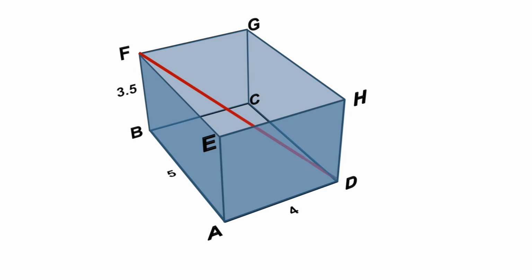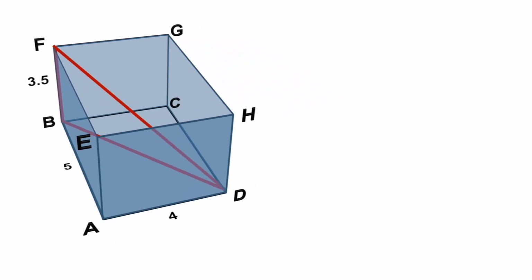Now that we have labelled the vertices, we can see that we are finding the length of the line DF. So how can we use Pythagoras? Let's add some other lines to create a right-angled triangle. We now have a right-angled triangle BDF, where DF is the length of the line we are trying to find.